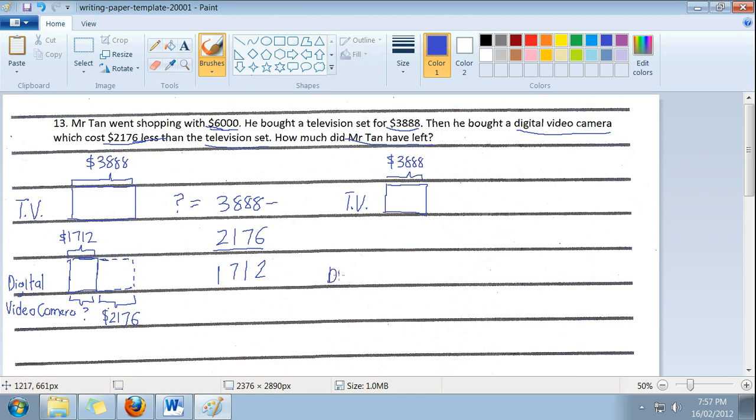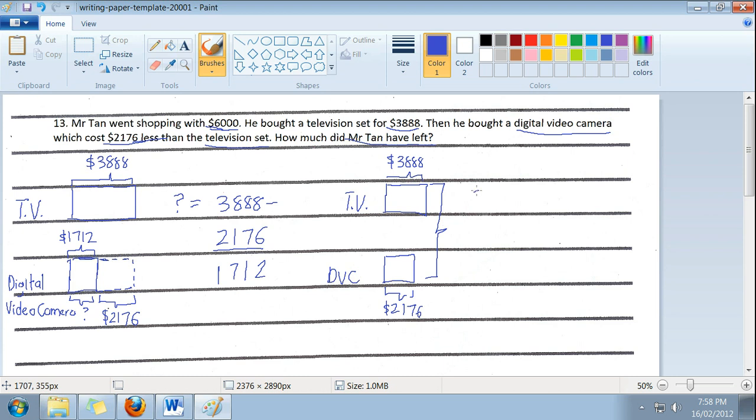I'm going to write DVC, digital video camera, just to speed things up a bit. We know the price of these two items. Now we need to get the total, because once we have the total, we can subtract that from 6,000. Okay, so let's watch.